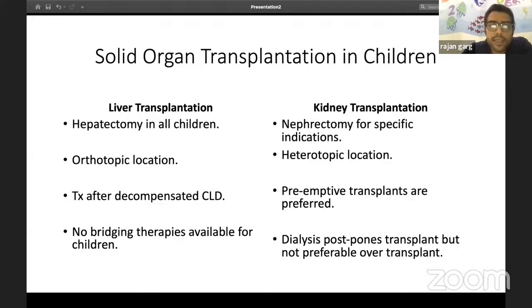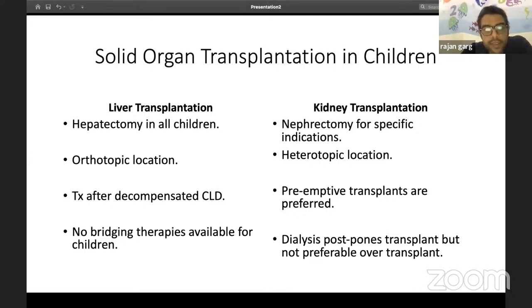For example, the native kidney is removed only if there is a sign of chronic infection, chronic UTI, or an infected stone disease, or a malignancy, or in cases of congenital anomalies where the size of the kidney does not allow a new kidney to be placed inside the abdominal cavity. Only then there is an indication for nephrectomy. In most routine cases of kidney transplantation, the kidney is not placed where the kidneys are located. They are placed in a separate location in the pelvis, in the false pelvis.